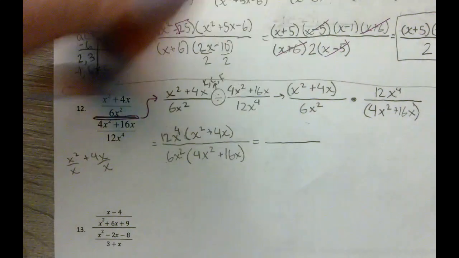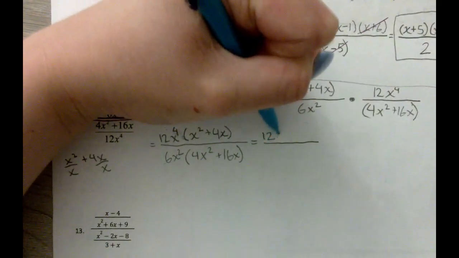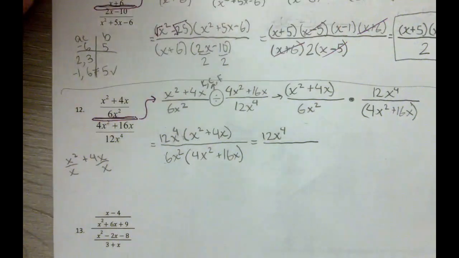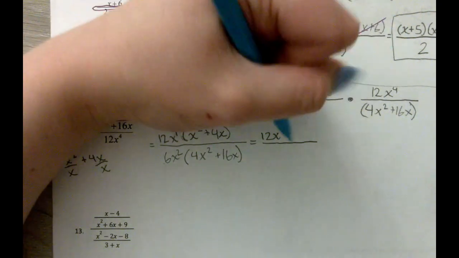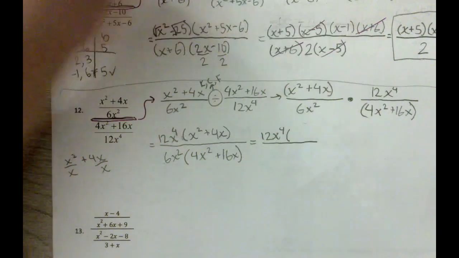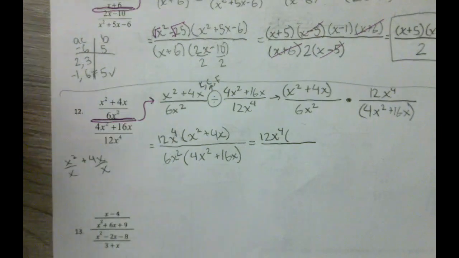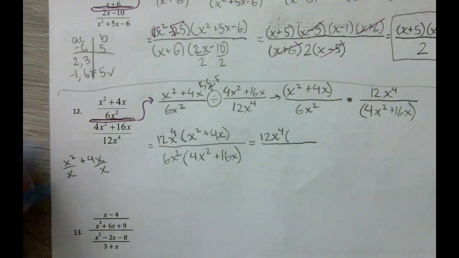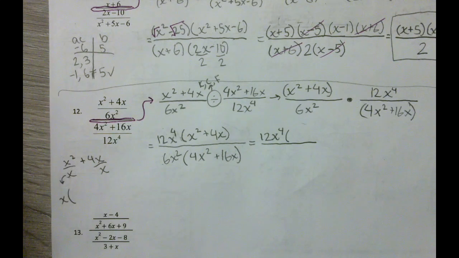So I'm going to show a little less work here. Side note, I'm going to bring over the 12x to the 4th first. And then, if it makes more sense, you might want to put parentheses around this. If you don't, it's not a big deal. X is going to come out as the GCF. I'll go ahead and rewrite it over here. I have the space. So we have x times, we've got x squared over x to the 1st.